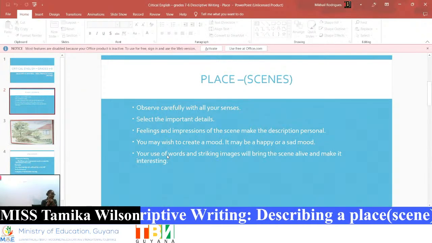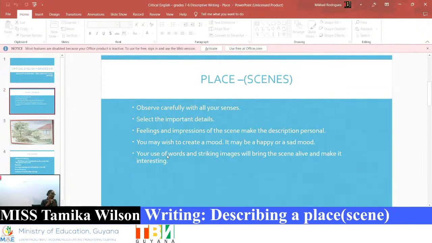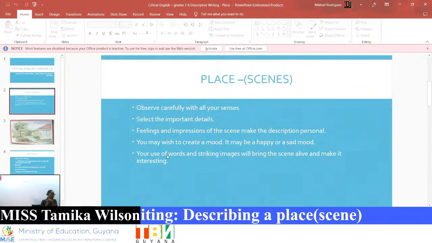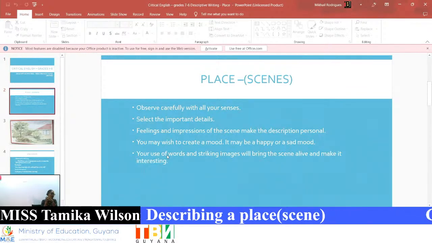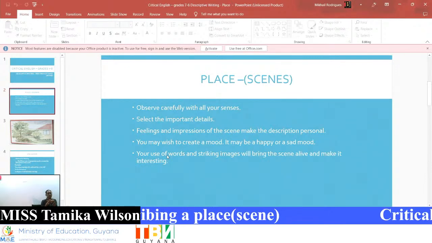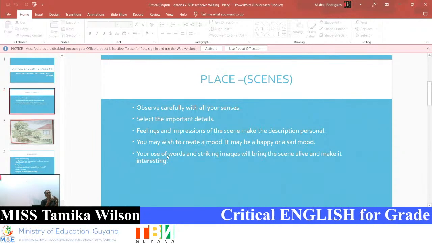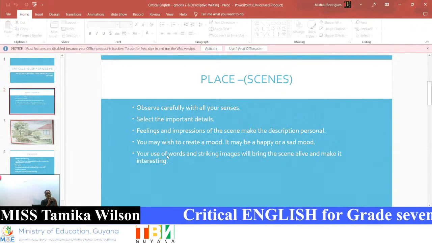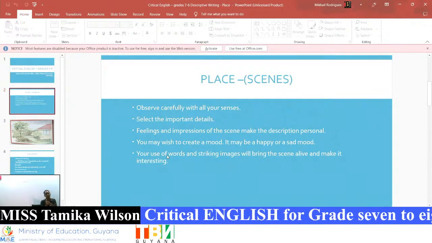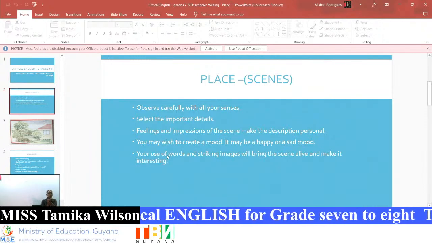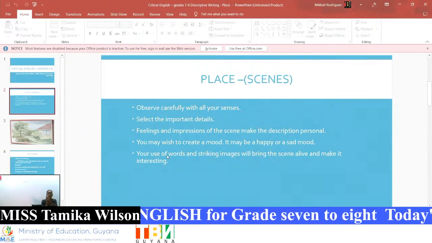And finally, of course, your use of words and striking images will bring the scene alive and make it more interesting. So today we've looked at plays, and we continue to do our descriptive writing. What is common in what we see in both plays and describing a person is that both are using what?